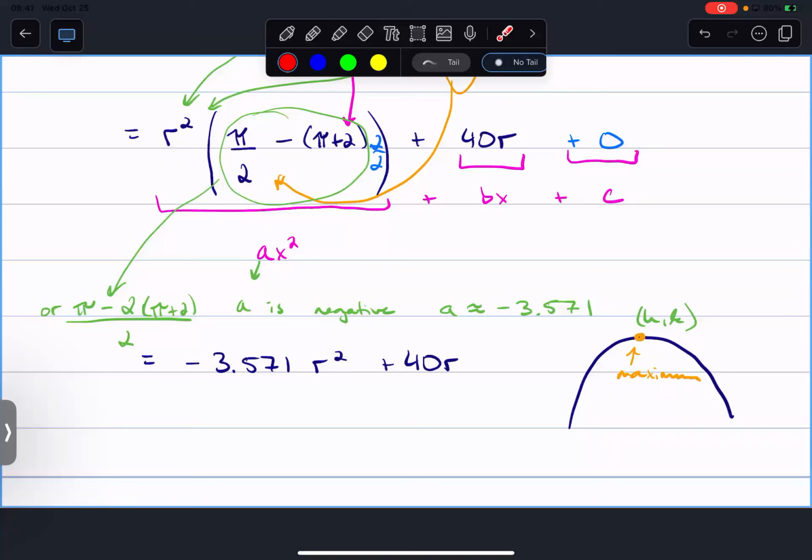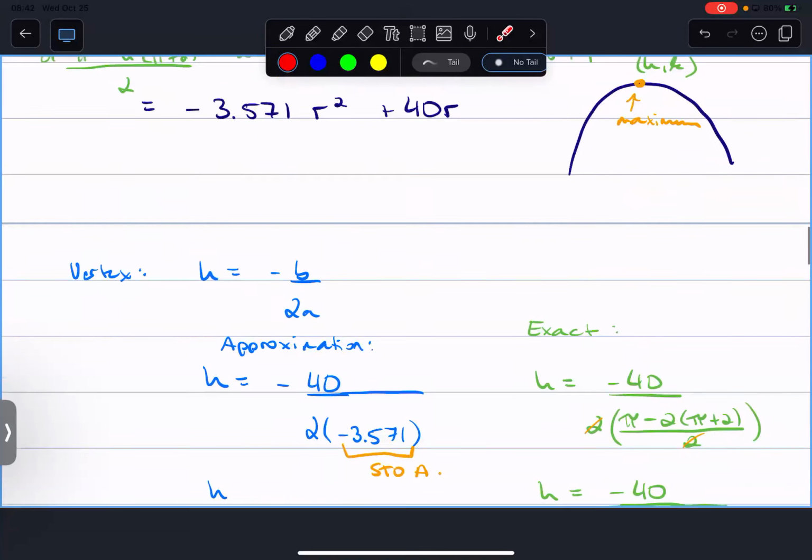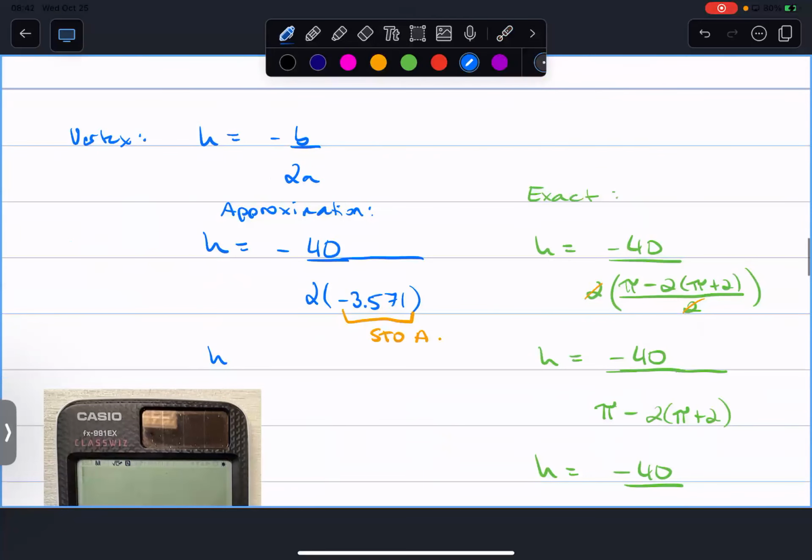Now I'm going to store that in A. Do what I said I was going to do. And now I have that times 2, and then negative 40 divided by that is 5.600991535.